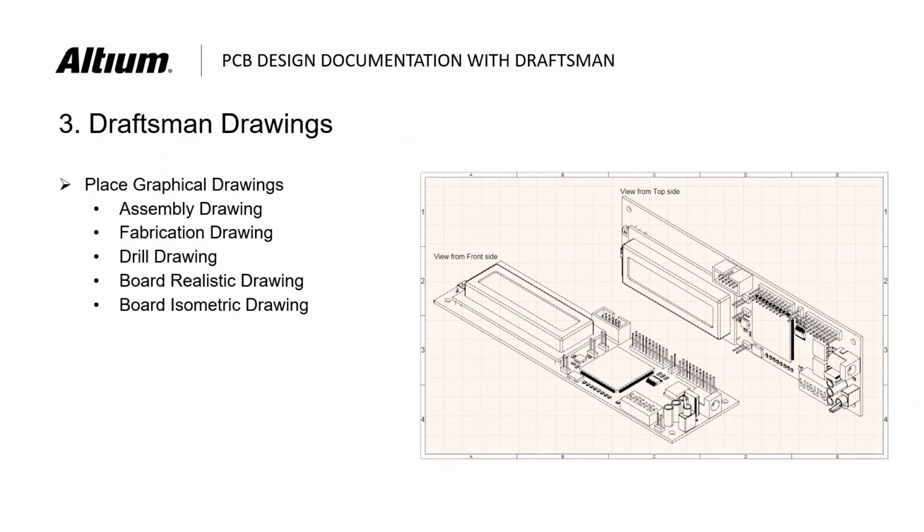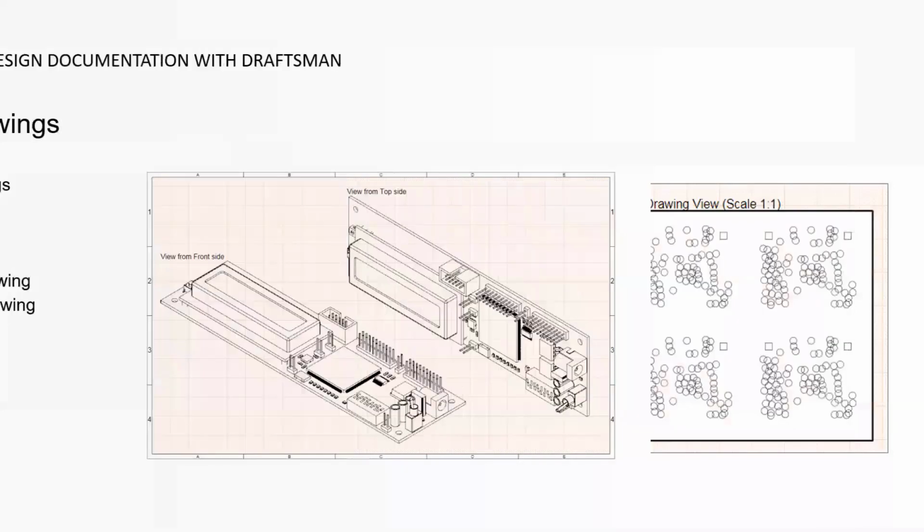Then you have the board realistic drawing, where we can immediately take the 3D view of your board inside your PCB and capture the image in your Draftsman. It's a very good new feature which we have in 20. Then the board isometric drawing. All this we can see now.